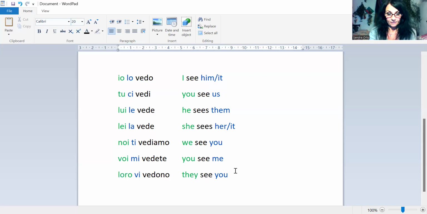So, as I said, these are very, very simple sentences, and all these blue direct object pronouns are replacing someone or something that we have mentioned already. Otherwise, we can't replace them. So we need to know what or who we are talking about.